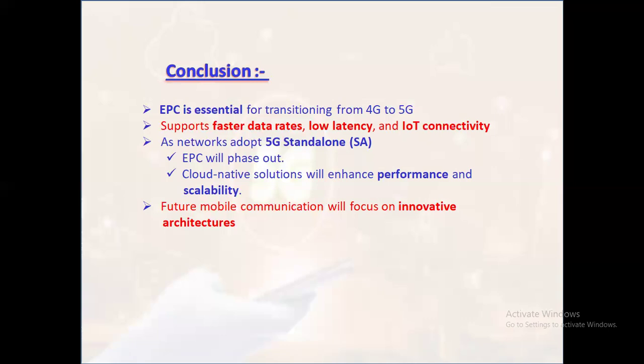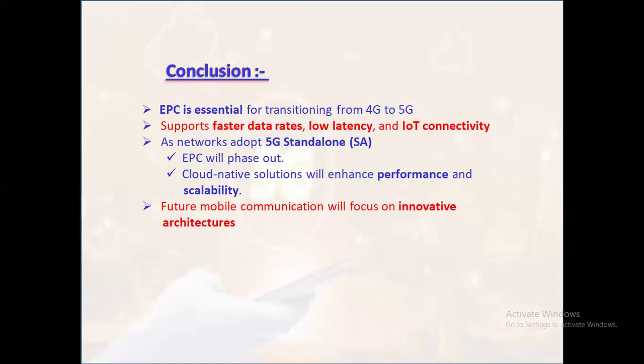And next, as networks adopt 5G standalone, the EPC will phase out. As mobile networks move towards 5G standalone, that is without depending on the EPC, the LTE architecture, the role of EPC will gradually diminish.